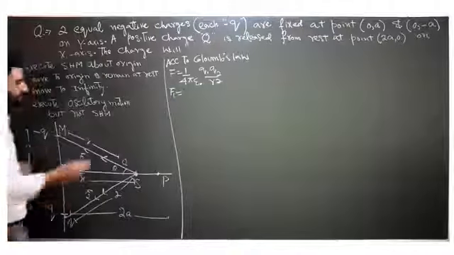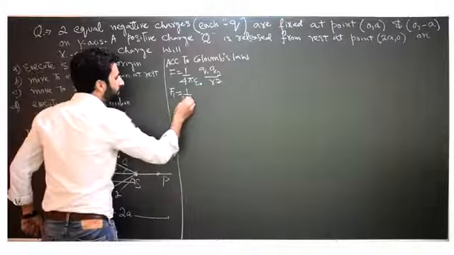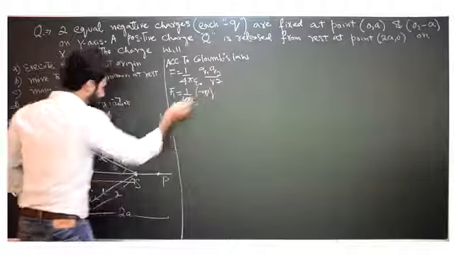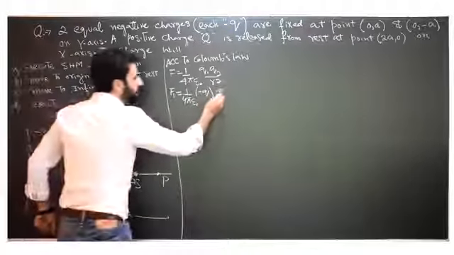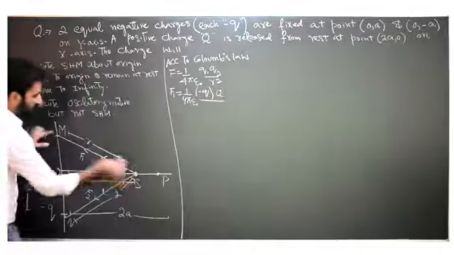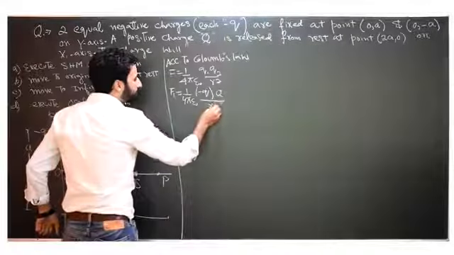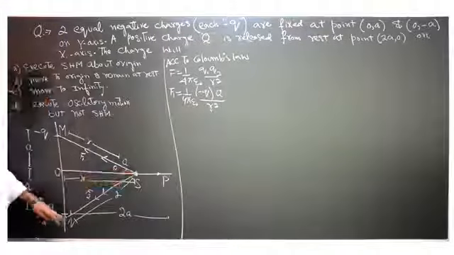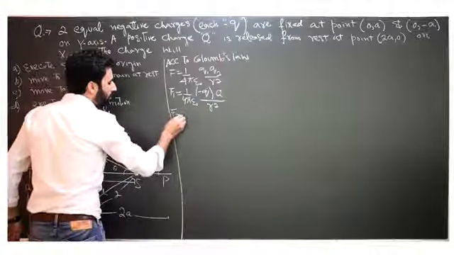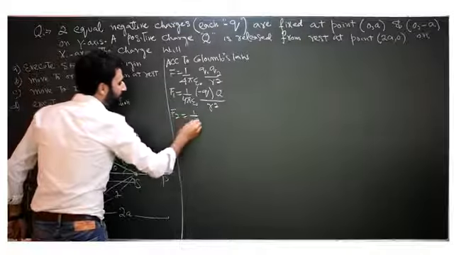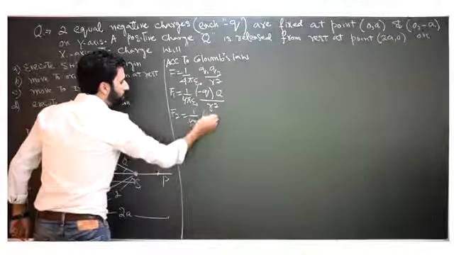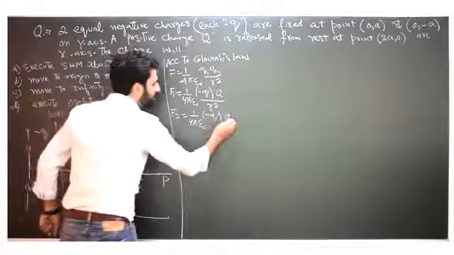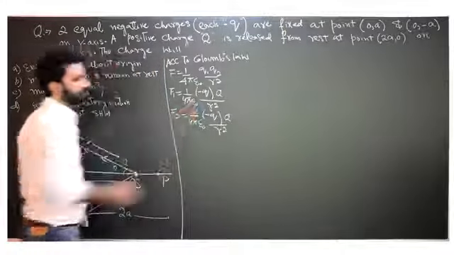F1 will be 1 by 4 pi epsilon naught, Q1, that's minus Q, Q2, second charge is capital Q, divided by distance between the two charges, that is R, means R square. Similarly, force F2 will be equal to 1 by 4 pi epsilon naught, minus Q is one charge, plus capital Q is the other charge, divided by same distance R square.